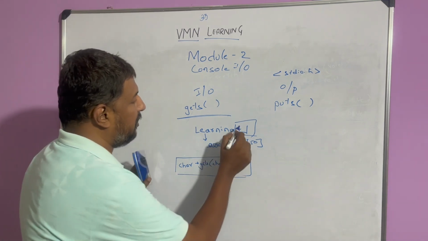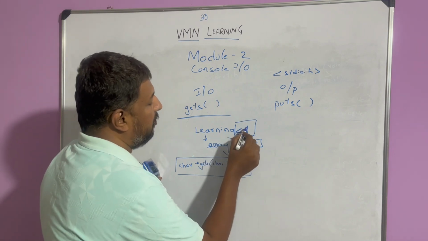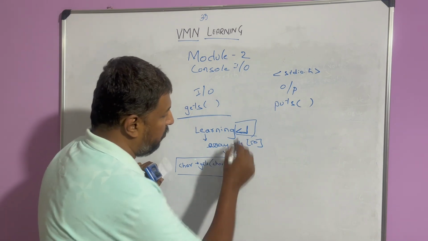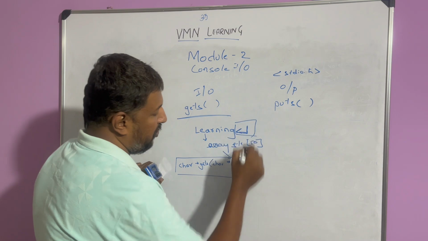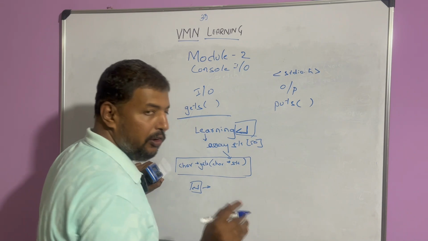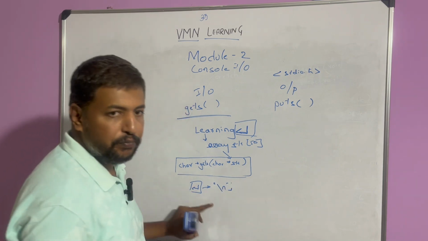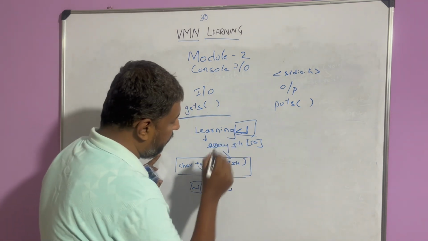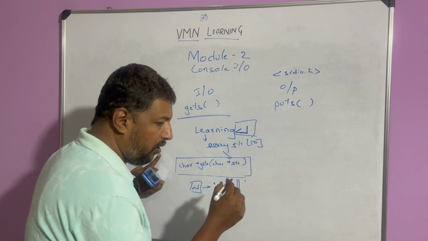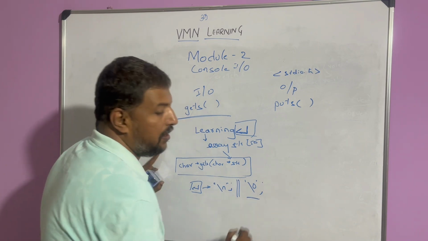Now as I said, it waits till enter is pressed. When we type enter, it is a new line, and a new line is represented as slash n in special characters. But in gets, when we press enter, it is stored as slash 0, the end of the string.